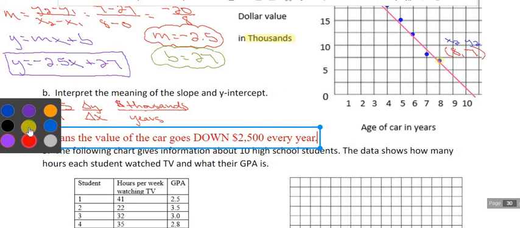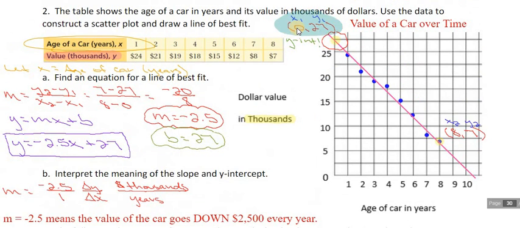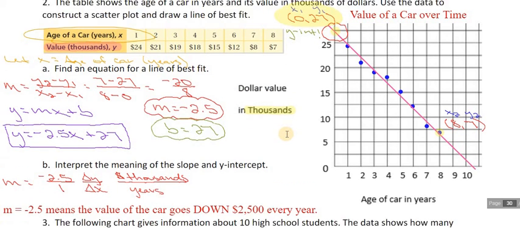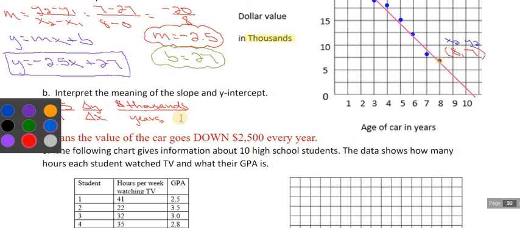And the y-intercept, well, that represents when x is 0, y is 27. When the age is 0, the value is 27,000. So this car, the initial price of the car is $27,000.